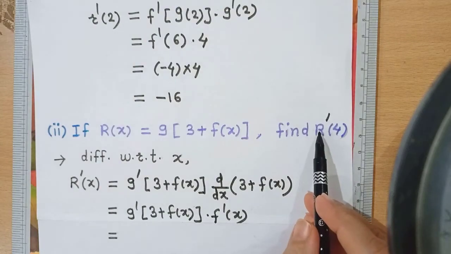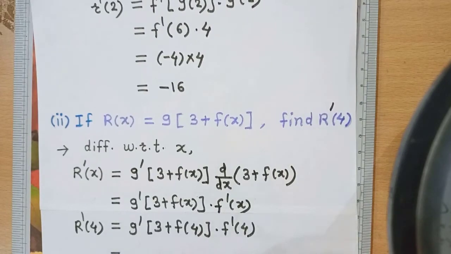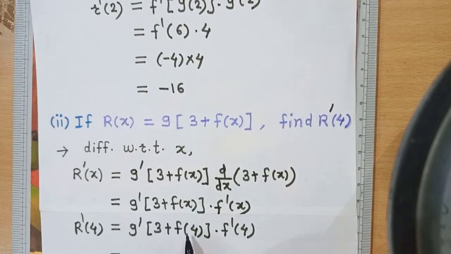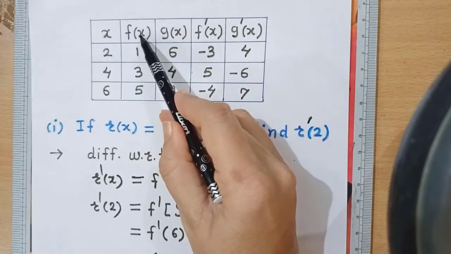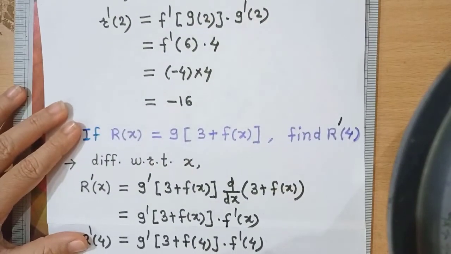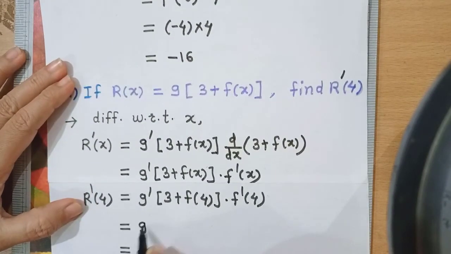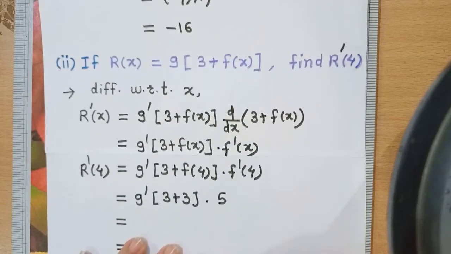Now we want r dash of 4, so we will replace x by 4. Now check the values from the table. F of 4, so in this table f of 4 is 3, so write down here g dash of 3 plus 3, and here I'll write 5.